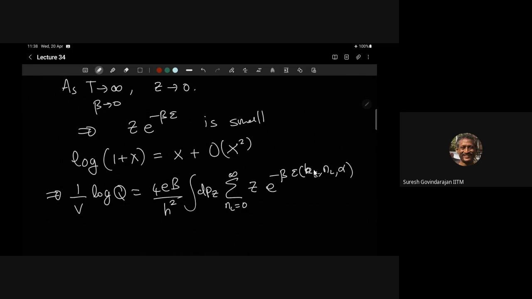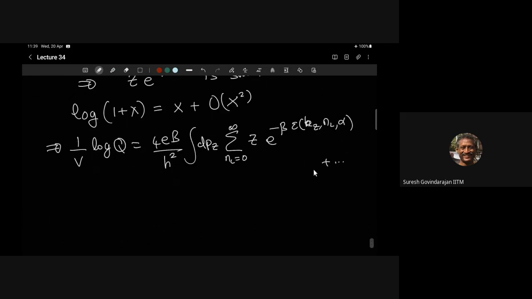That's what we get. Higher order terms we throw away. Now we can do this integration. Further, let us look at n also. You can see that n becomes 1 by V log Q.